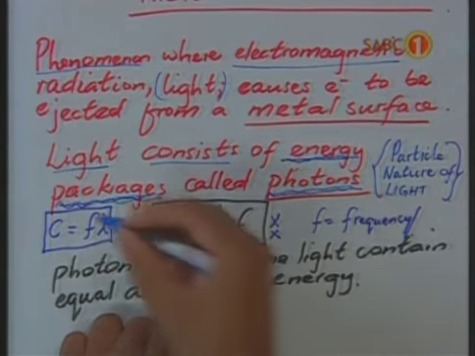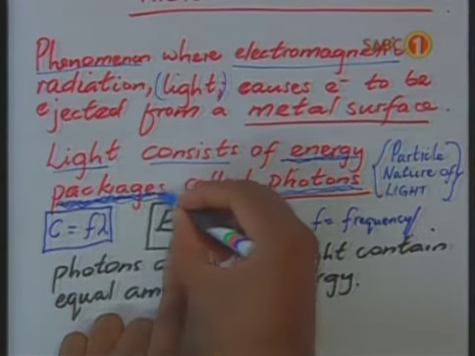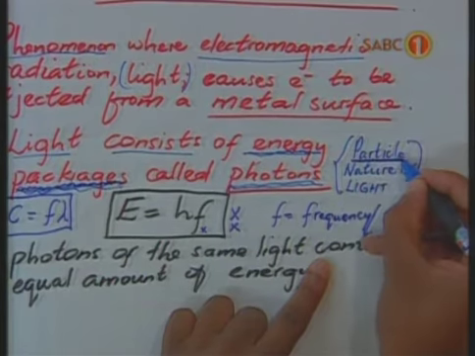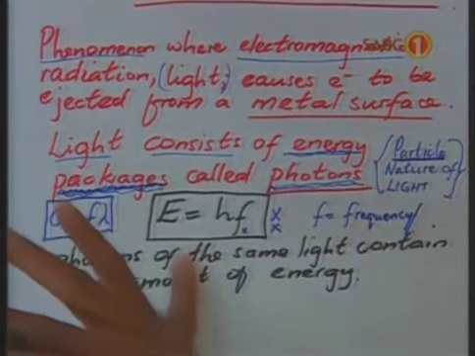But the moment we begin to talk about light having packages of energy, we are beginning to say that light has got a particle nature. In other words, the photoelectric effect is the phenomenon in science that tells us that light has got a particle nature.